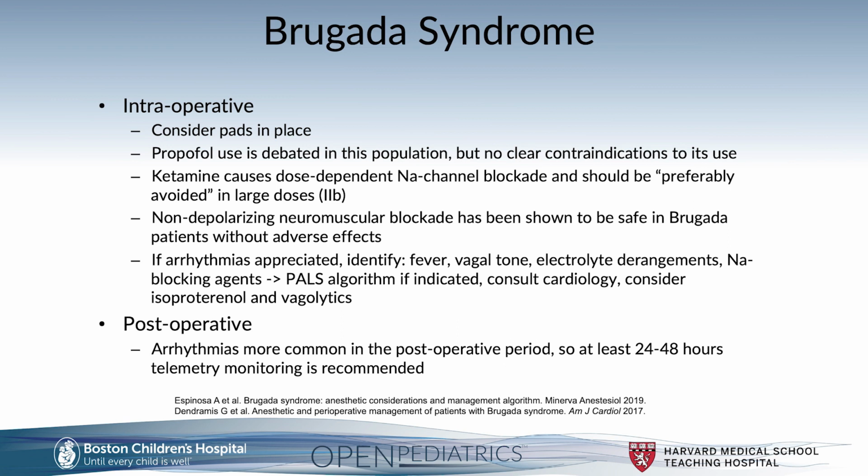Identify periods of high vagal tone, as we know that high vagal tone is also another trigger. Consider things like sympathomimetics if needed to resolve periods of high vagal tone. Monitor for signs of pre- and intraoperative electrolyte derangements, or correct those derangements in patients who present with arrhythmias. Identify the use of any sodium channel blockers or any medications that put a patient at risk for inciting Brugada syndrome.